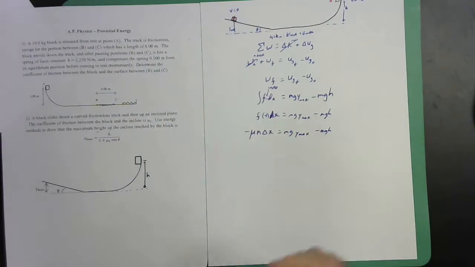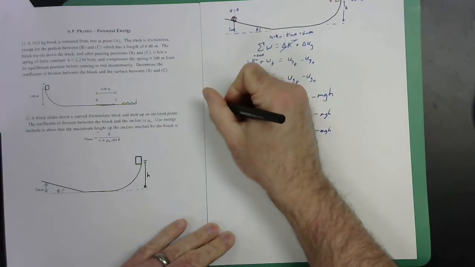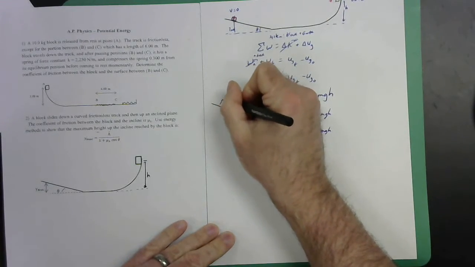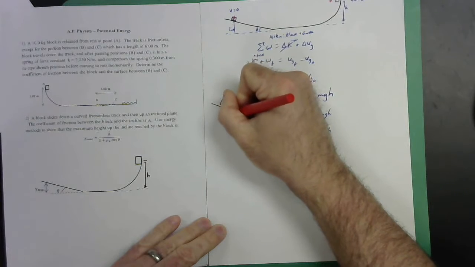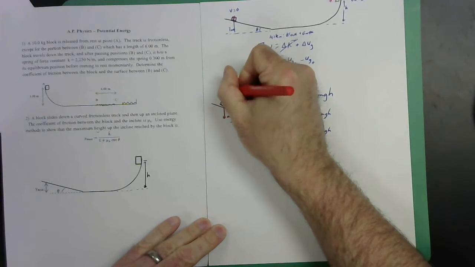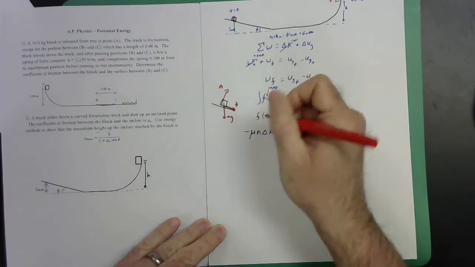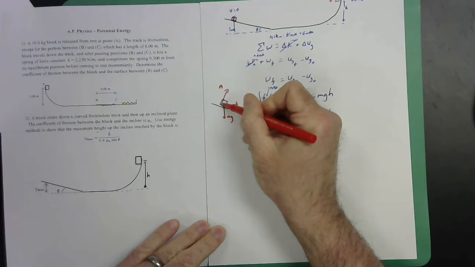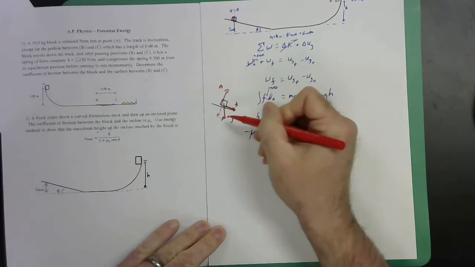Now that normal force, how big is the normal force going to be? Let's do a quick force diagram for that block as that friction force is acting as it's sliding up the ramp. We're going to have our gravitational force, mg, and a normal force sticking straight out of the surface, and a friction force acting along here. I would split that gravitational force into components going perpendicular and parallel.